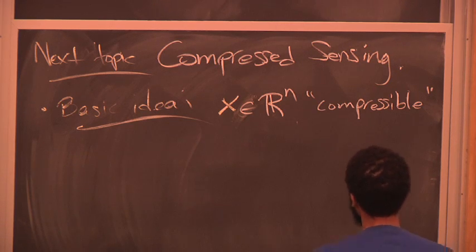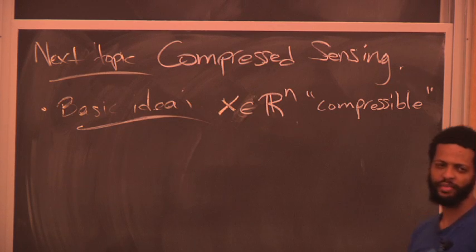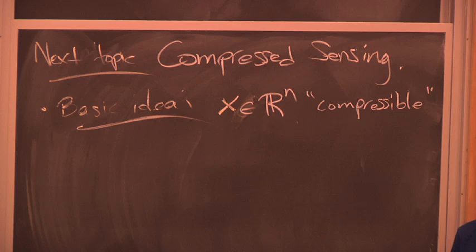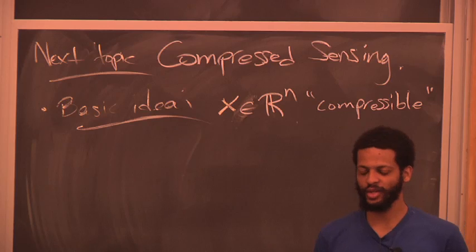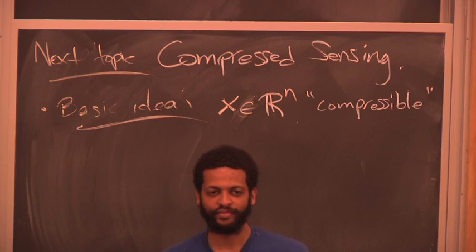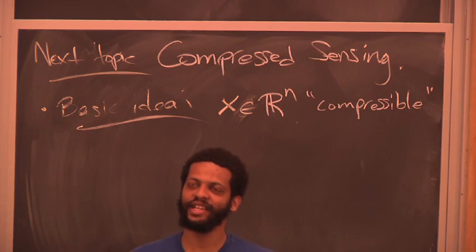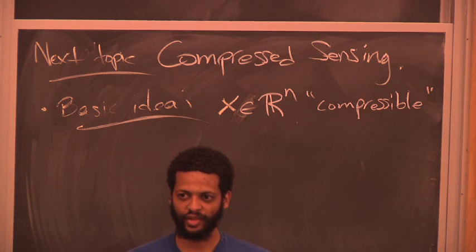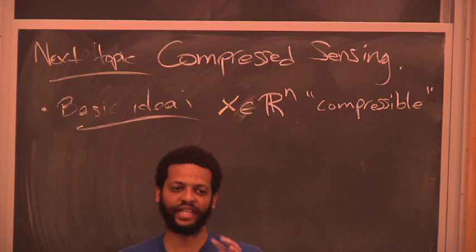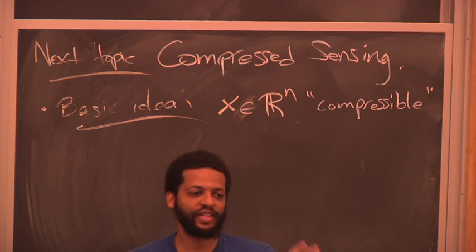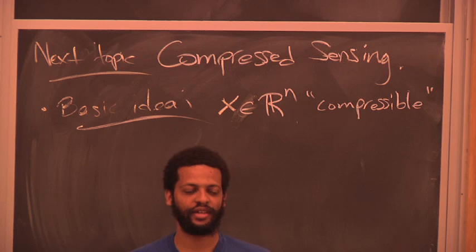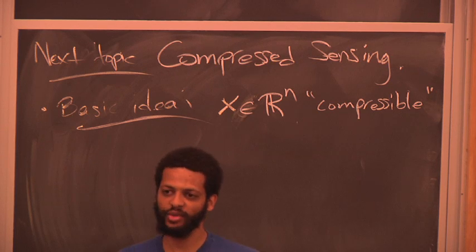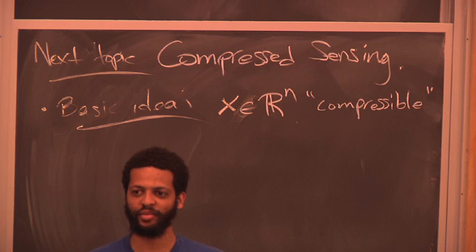But for us, compressibility is not going to be binary. It's not "yes, it's compressible, no, it's not." It's going to be a level of compression. So the quality of compressibility is how close it is to a k-sparse vector. I'll fix a particular k, and it's perfectly compressible if it's k-sparse. If it has small distance to a k-sparse vector, I'll still say that it's somewhat compressible.